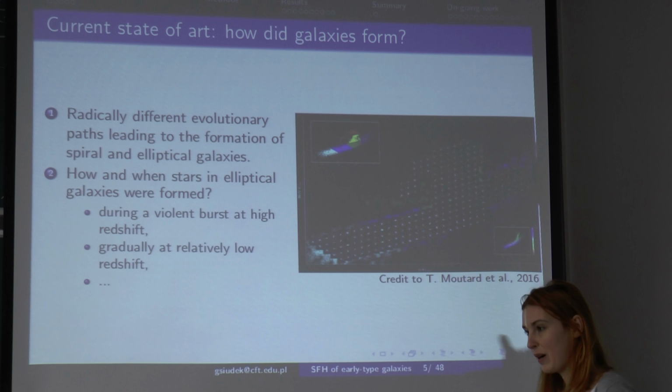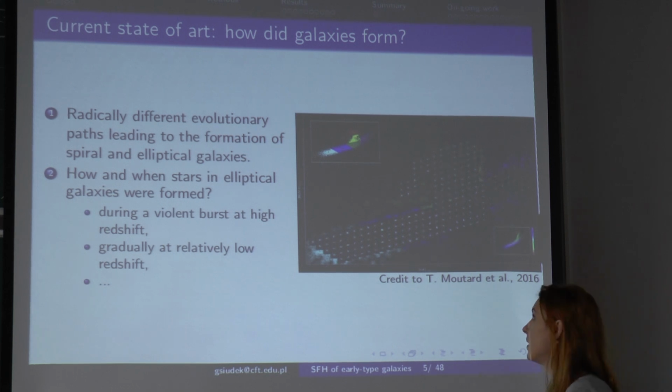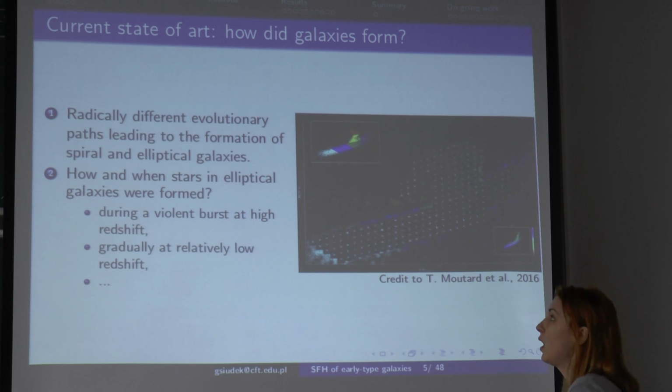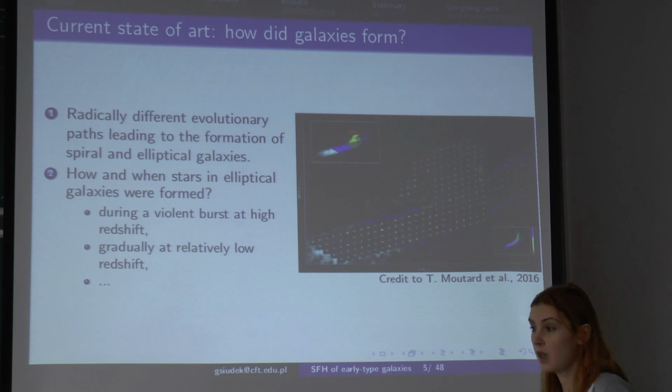The artist's concept. But the process leading to the formation of the spiral and elliptical galaxies is still under debate. There exist radically different evolutionary paths explaining this structure. The key question is how and when did stars form in elliptical galaxies?